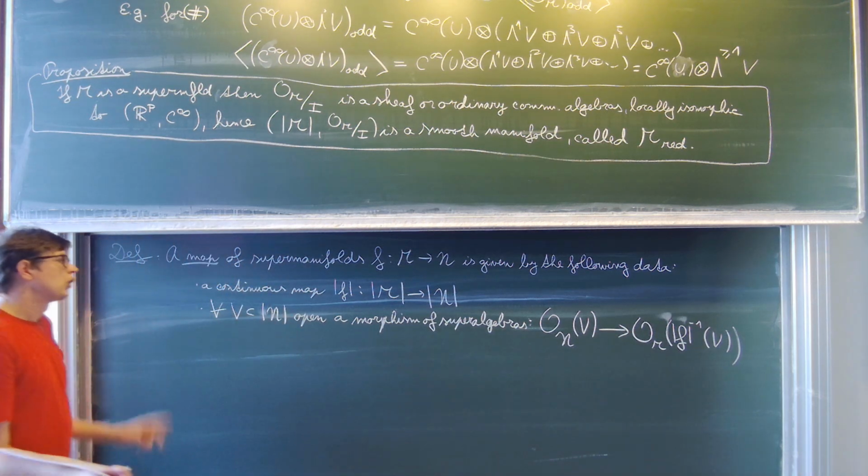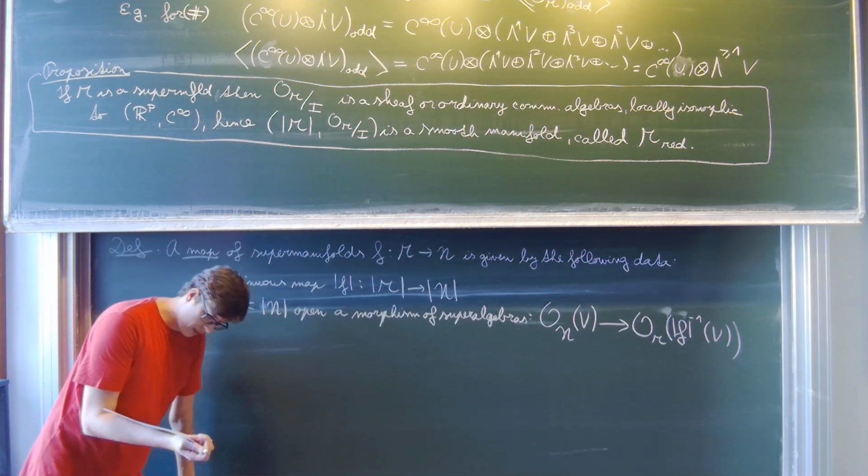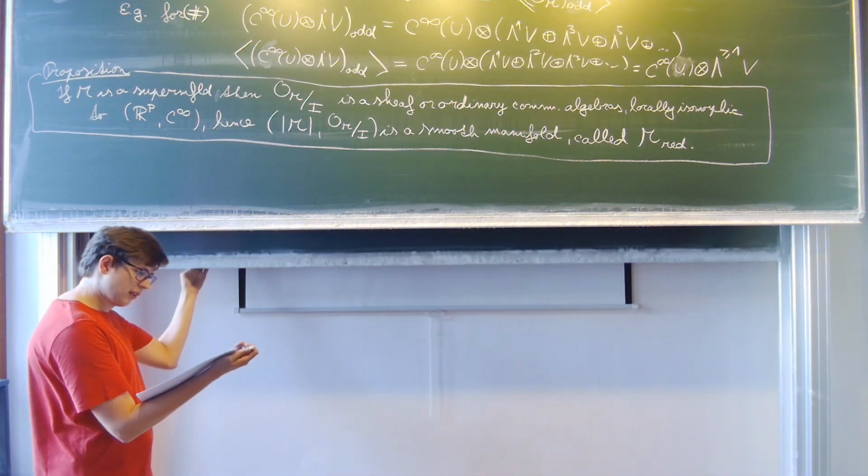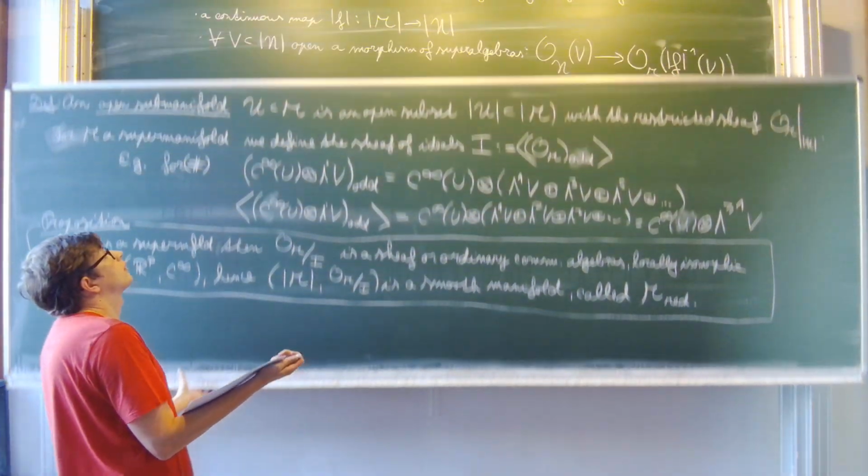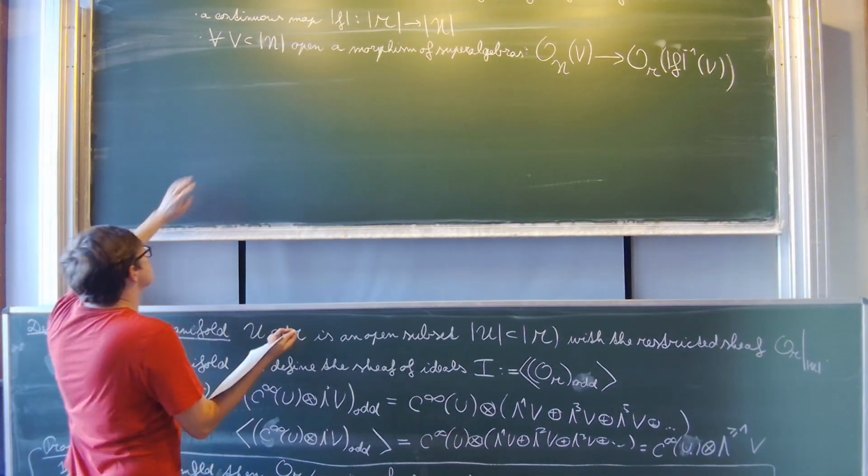So you want to have a morphism, and of course there needs to be some condition, and the condition in here is just that it's compatible with the rest of the things.